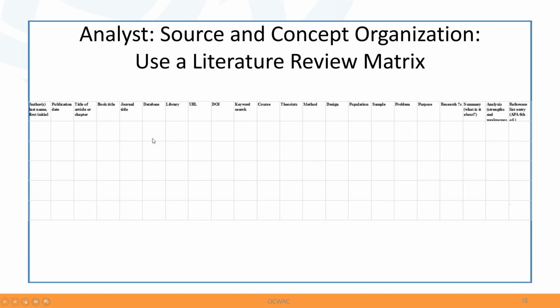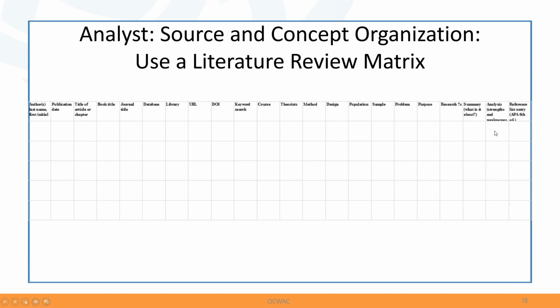The literature review matrix template that we have includes cells for all of the reference information from the article or from the source. You're going to take note of the authors, publication date, and so forth. But really the most important elements of this matrix happen in these later columns here, where you can see I've got my analysis.